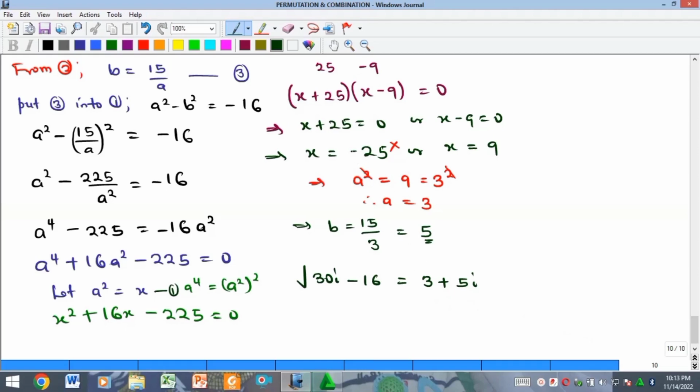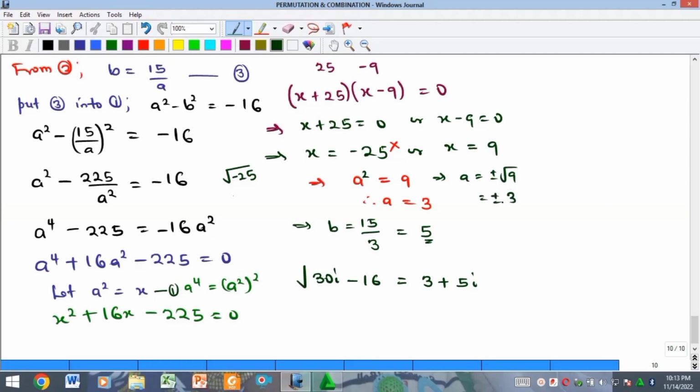If you put a squared to be equal to this, your a will now be the square root of minus 25, which will be equal to plus or minus. Okay, meanwhile, this is supposed to be plus or minus, let's come back here a little bit. If you take the square root here, this is supposed to be plus or minus square root of 9, which is going to give us plus or minus 3.